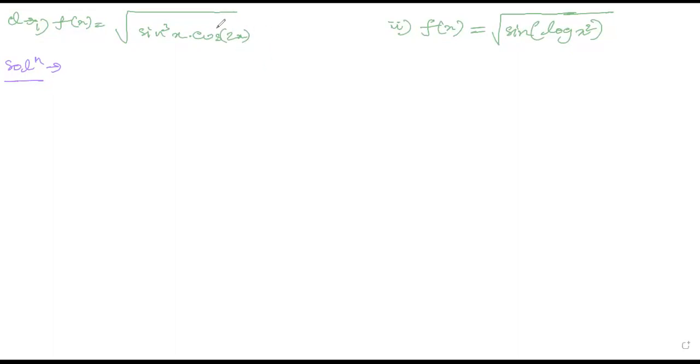If you want, I can also give you a power. Let's take power 4 in this case. I don't think the original question had a power, but if you want, we can change it to cos to the power 4 of 2x.